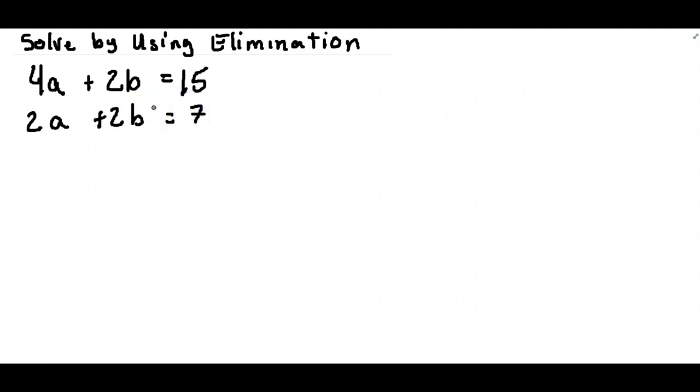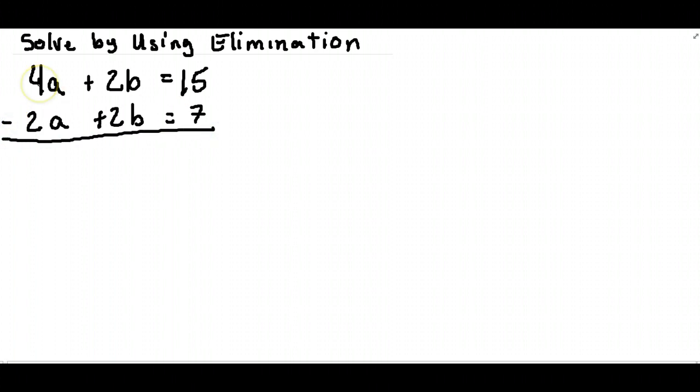We want to get rid of one of these variables, just like in substitution, so we only have to deal with one variable and can solve and figure out where our two lines intersect, which is our solution. If we notice that the b term, 2b, in the first equation is the same in the second equation, it's also 2b. So if we subtract these two equations, we will see that the b's drop out.